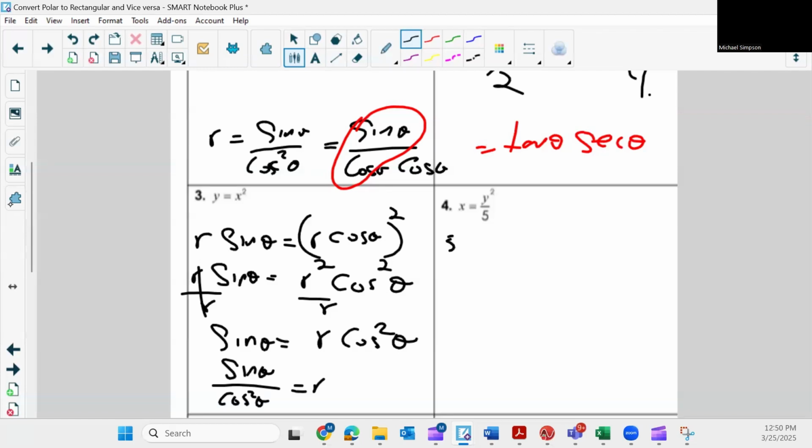So we get 5x is equal to. Remember, just like here, we cancel one of them since they're both on either side of the equal sign, so you can divide both sides by r.